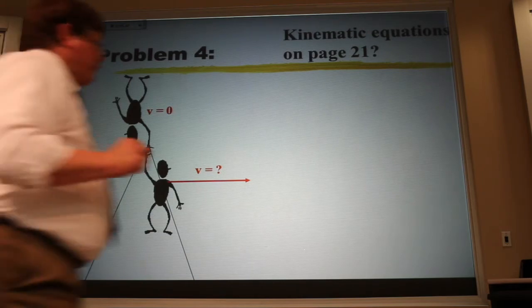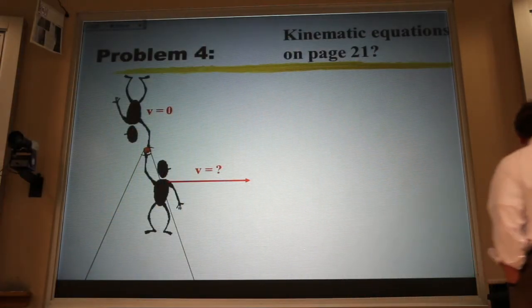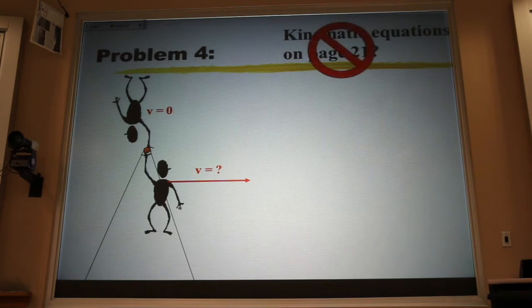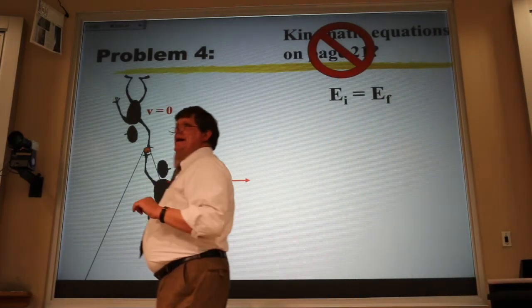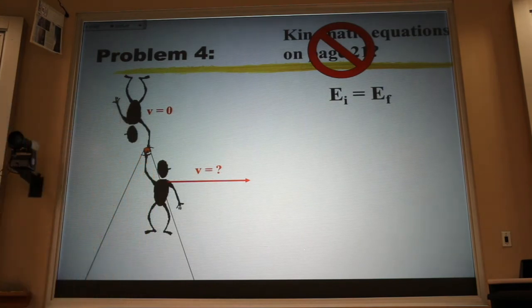And in this case, we're going to assume that energy is conserved. Now, what goes into that assumption? Well, where might energy be lost in this system? Friction with the hand. So one way we could get rid of that friction is we could put that white baby powder on his hand.